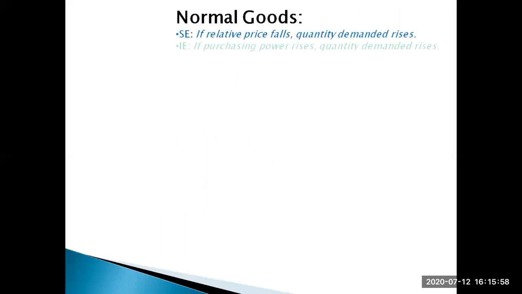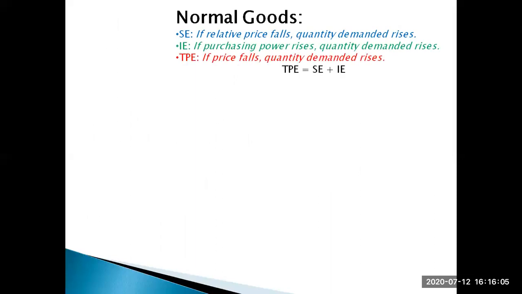So we can boil down our discussions into certain points. In case of normal goods, we have certain points to remember. The substitution effect says if the relative price falls, then the quantity demanded rises. This statement holds for all goods, irrespective of whether they are normal goods, Giffen goods or inferior goods.